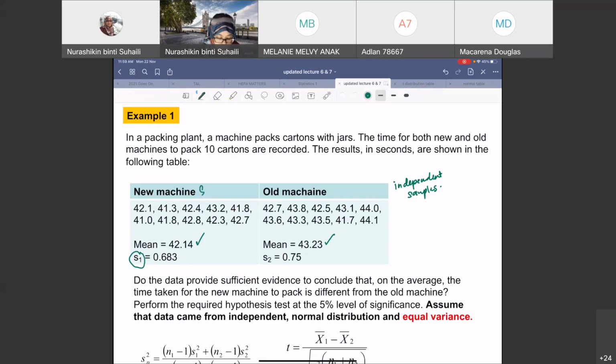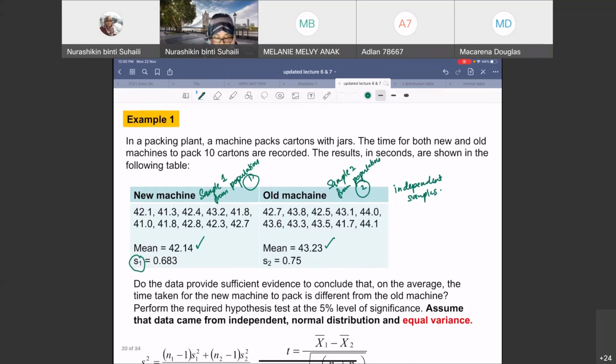This is sample 1 from population 1. And this is sample 2 from population 2. Okay, so now the standard deviations of the population are unknown, unlike the previous example where they are given.